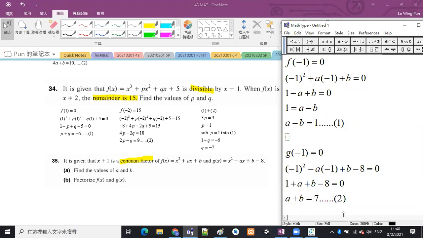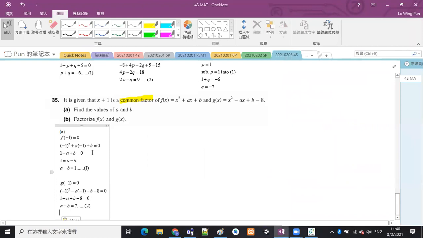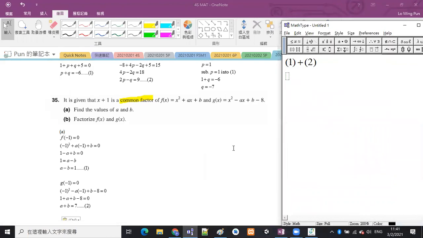And then I noticed that the b terms are negative and positive, so I add the two equations together. The a column is a plus a, that is 2a, and then the b column, negative b plus b, is cancelled.